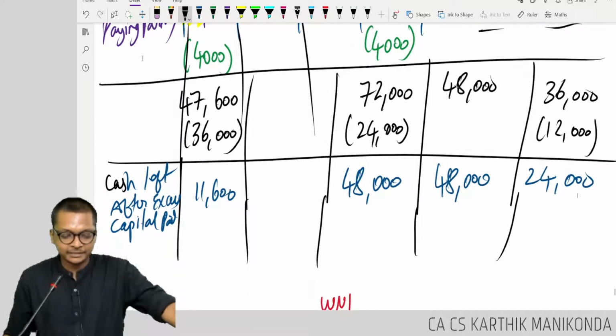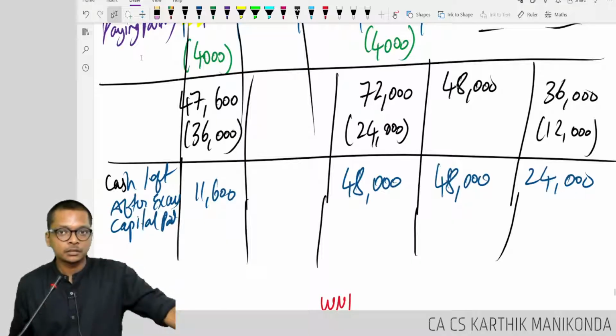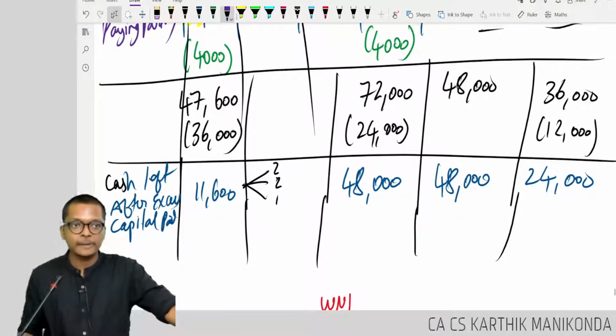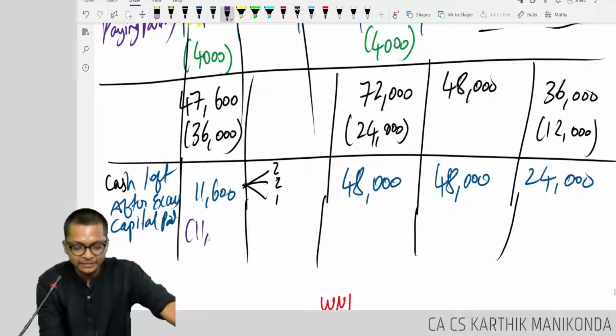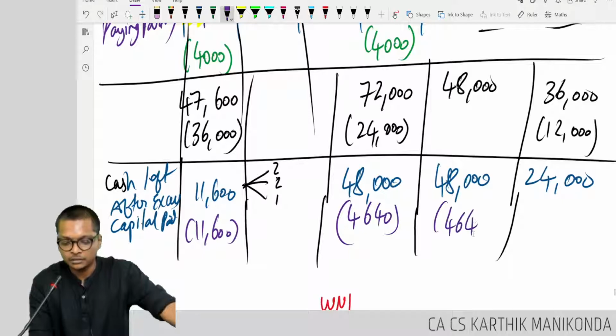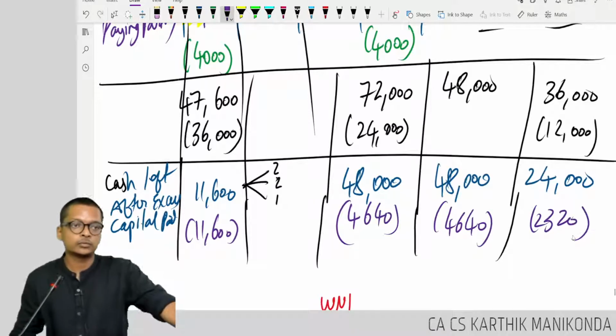Now after this 11,600, who will take? All three will take in the ratio of 2:2:1. How much? I will reduce 11,600: 4,640, 4,640, 2,320.